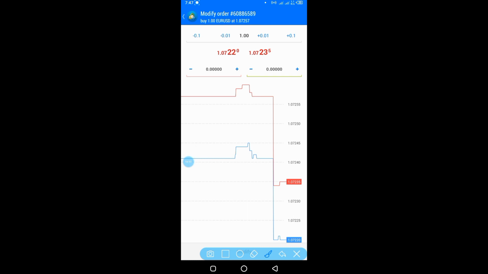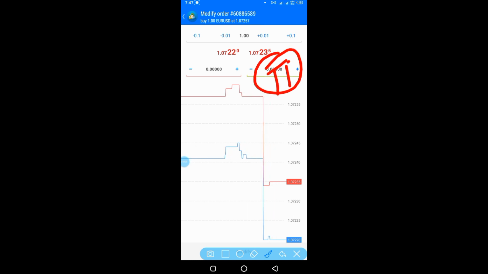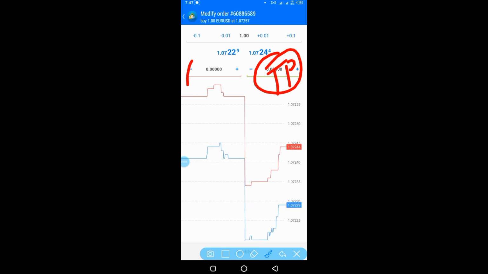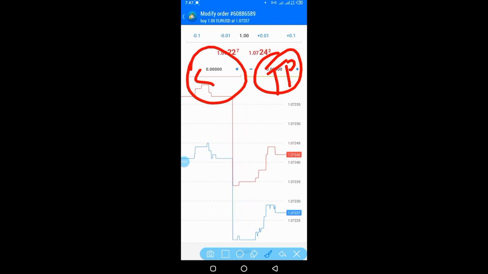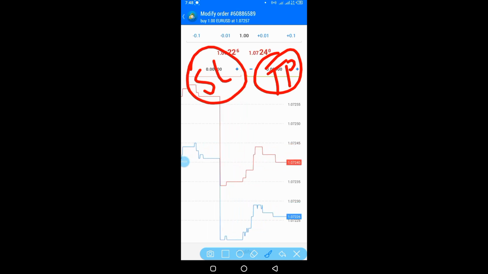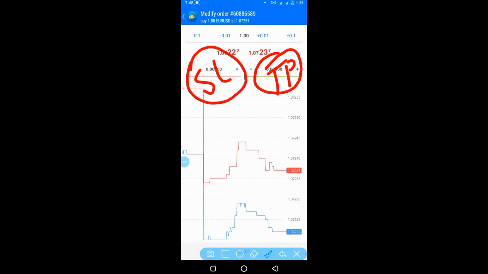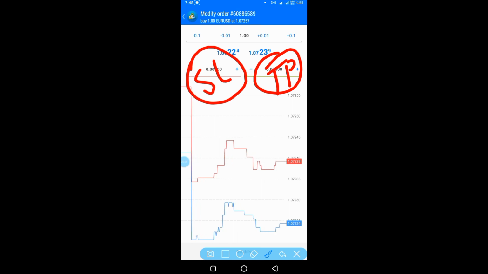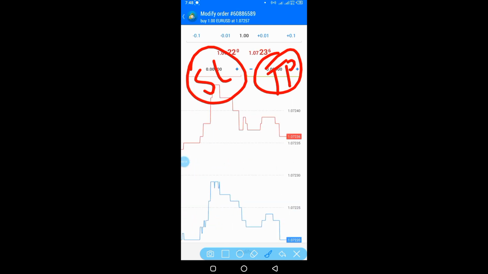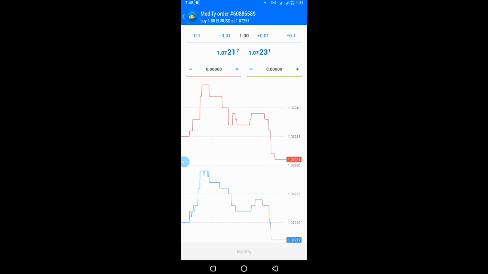On this part, I talked about where you set your take profit, and where you set your stop loss. If you have not watched the video where I'm talking about the features of MT4, please go and watch that video, because it's going to be very beneficial to you, especially beginners. Now I want to set my stop loss.